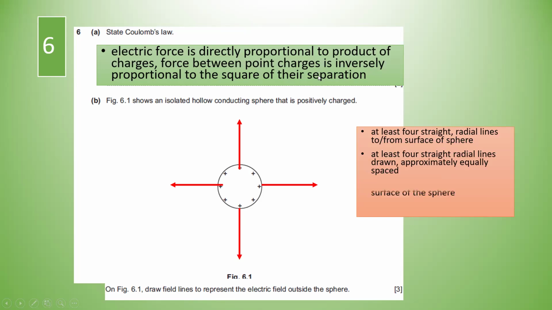That's how you mark: at least 4 lines. Radial, that means coming out from the center along the radius. At least 4 significant radial lines, approximately equally spaced. Arrow pointing away from the surface of the sphere.